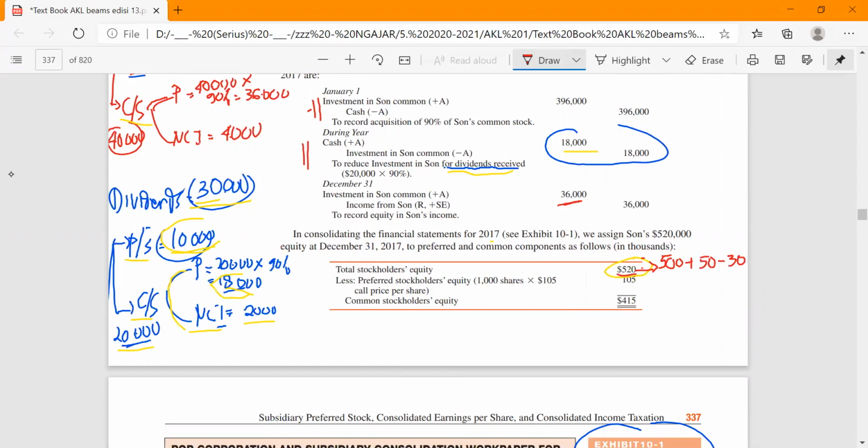And then, just like before, in order to calculate the stockholders' equity for the common stock, we subtract the preferred stockholders' share. We get it from this number, the callable price, times 1,000 shares, and then this number.